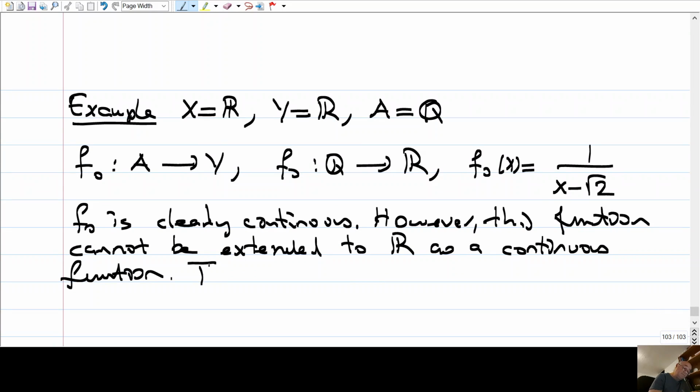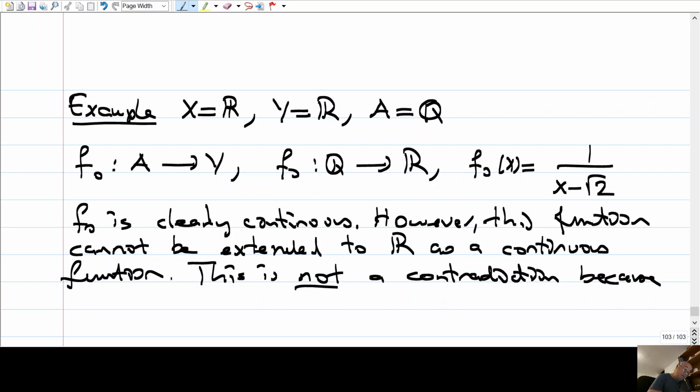So this is not a contradiction, because f0 is not uniformly continuous.